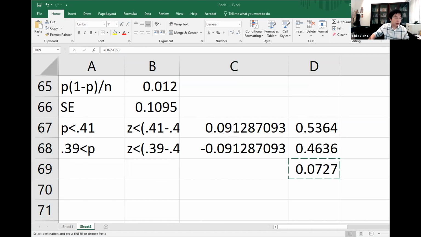I think that should be it. Now it's correct. I should change the answer accordingly, but that should be fine. Otherwise it's correct. Sorry for the mistake.